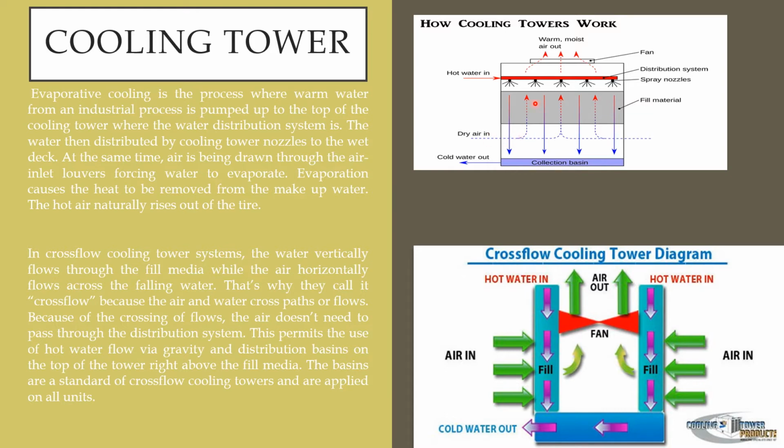This air comes in contact with the hot water droplets. Due to the latent heat of evaporation, the water gets evaporated and the outer vapor is sucked by the induced draft fan, and cooling is effected and the cold water is collected in the cooling water basin and this cold water is pumped out.